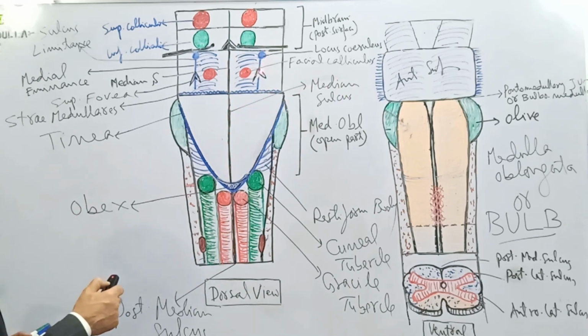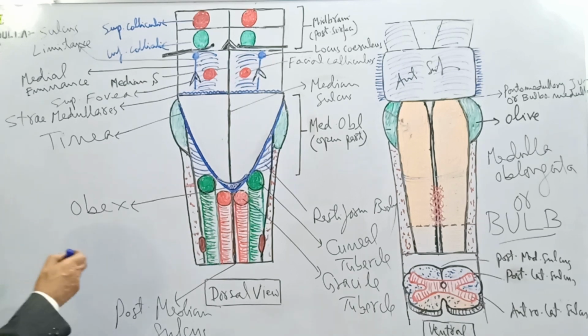Now, on the dorsal surface of the pons, on each side of the median sulcus, there was a vertical elevation known as the medial eminence. This is the right medial eminence, this is the left.